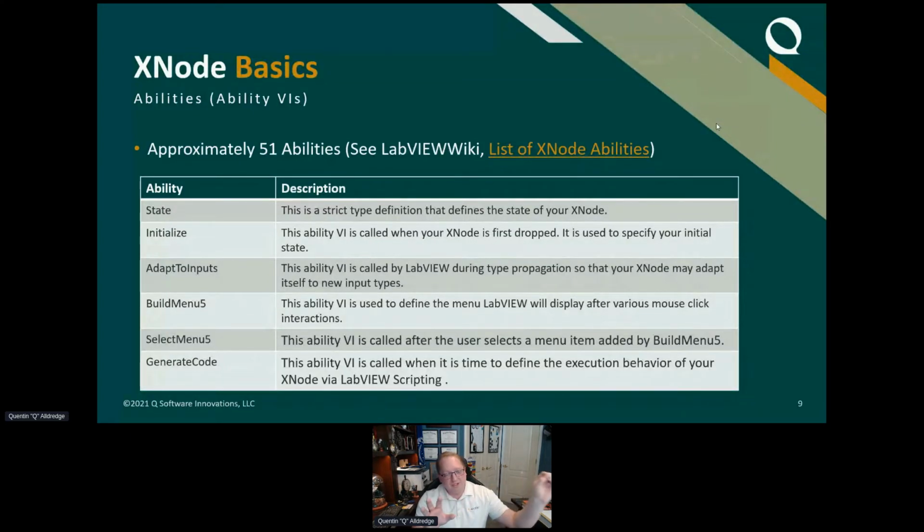So when someone wires into it, there's certain information that you can get from the IDE about the data type of the wire and so on, and then you can script what you want to happen based on that. Build menus is when they right-click on the XNode. Select menu is when they select an item from that menu, and then ultimately generate code is what creates the execution code at runtime.